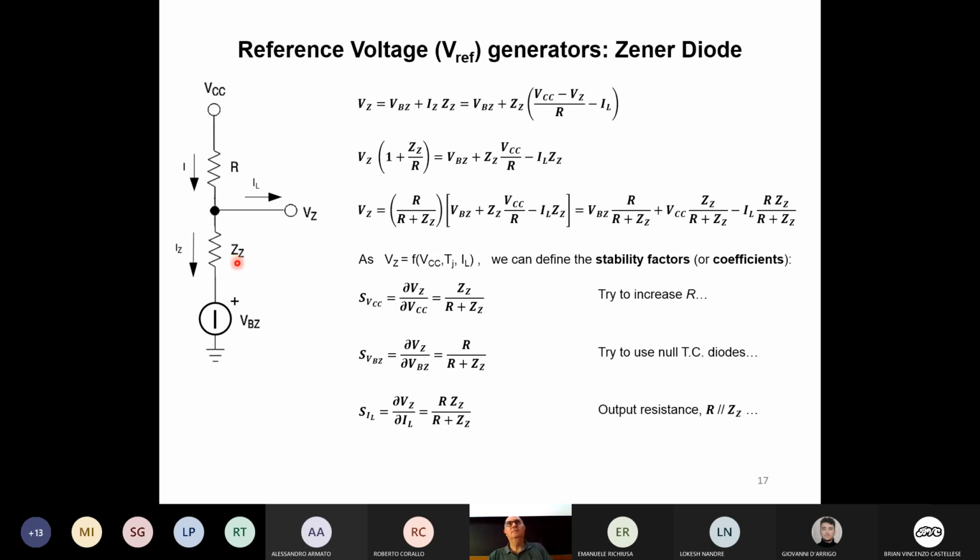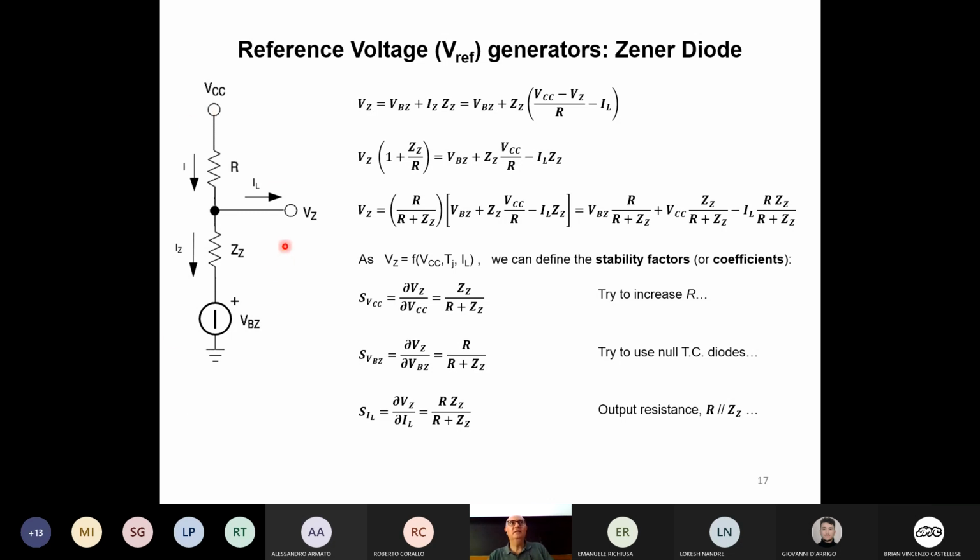But what are we talking about? This sensitivity factor, that is the ratio between the variation of the output voltage when the output current changes, is nothing else than the output equivalent resistance of this power supply.